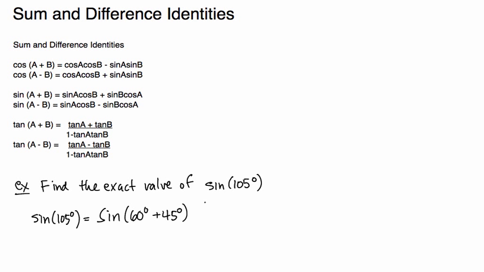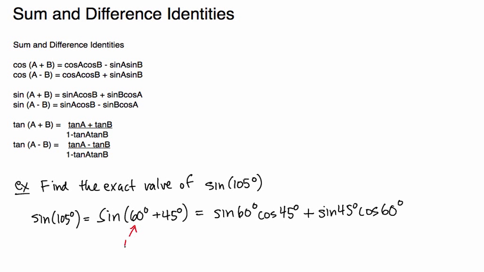Now 60 is a special triangle and 45 is a special triangle, so I can use my sum of angles identity for sine and rewrite this as sine 60 degrees cosine 45 degrees plus sine 45 degrees cosine of 60 degrees.